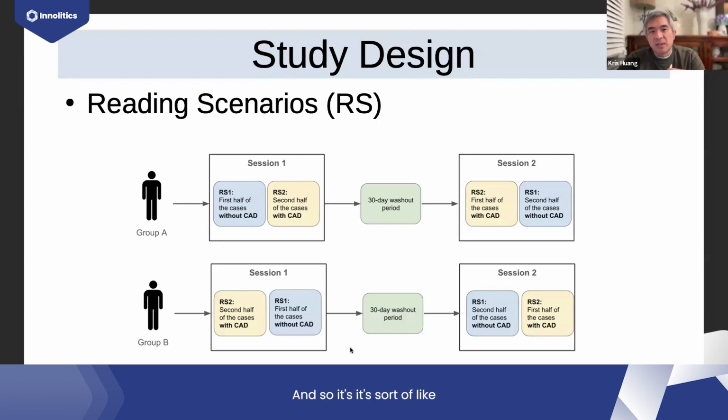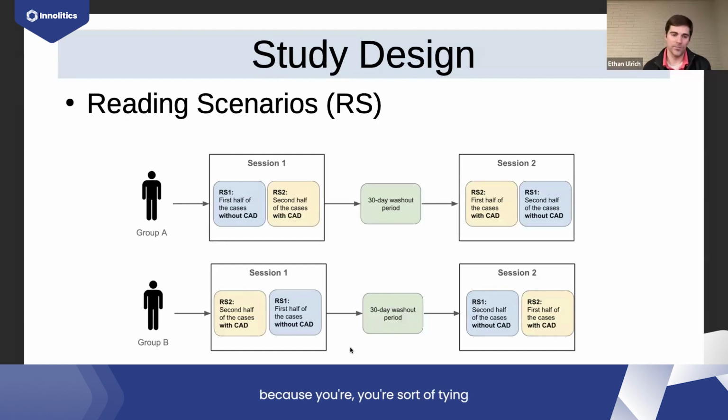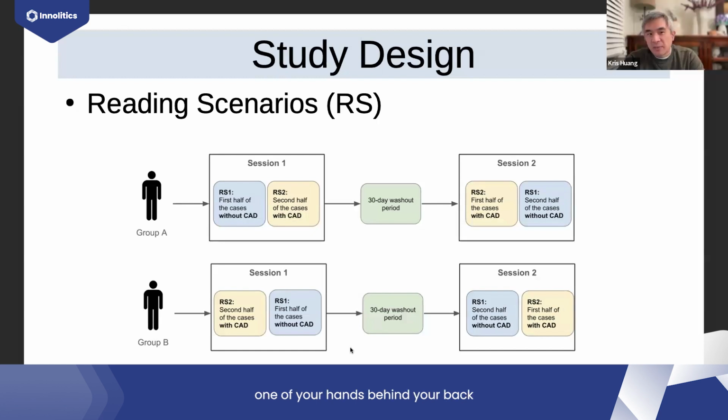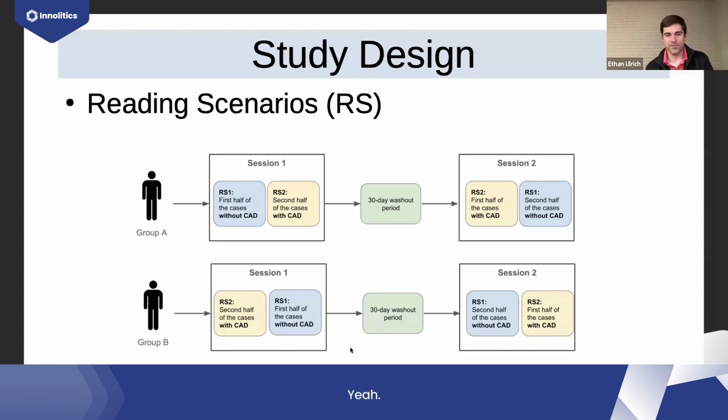It's just a way of being very conservative so that if you do register an improvement, it really is real. Mm-hmm. Because you're sort of tying one of your hands behind your back and still showing a positive effect. Yeah. So it kind of rings to me like that.